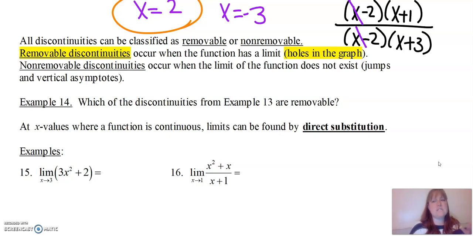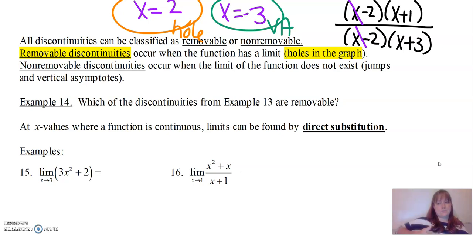Now, you aren't going to see a jump very often in a rational function like this. You're going to see a jump in piecewise functions often. So this one's going to be a hole, and this one's going to be a vertical asymptote, because this one didn't cancel out. The factor that didn't cancel out, its 0 is our vertical asymptote, okay?